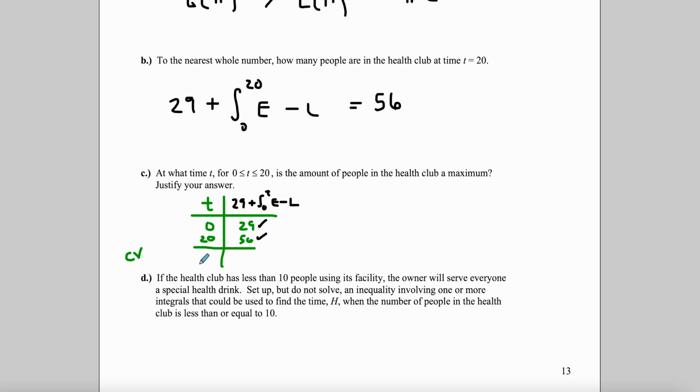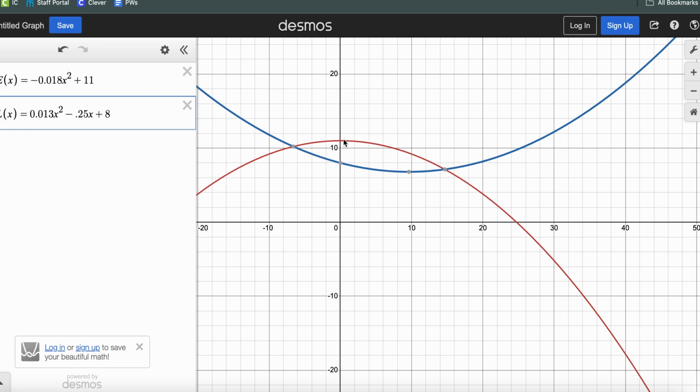But let's take a look at critical values from the graph. Now remember, the derivative of this function would just be 0 plus E minus L. So E minus L is literally the derivative function of the situation. If I set this equal to 0, I have critical values. It might be easier on the graph to just set these equal to each other. So if I go to the graph, I'm looking for an intersection.